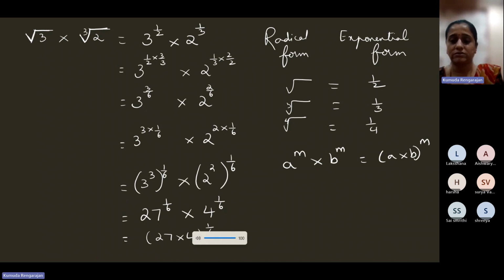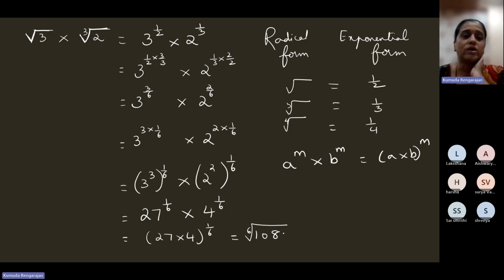Bases are different, but the power is the same, 1 by 6. So multiply the bases and raise it to the same power, 1 by 6. So now this is nothing but 108 to the power 1 by 6, or the 6th root of 108. This is the product.